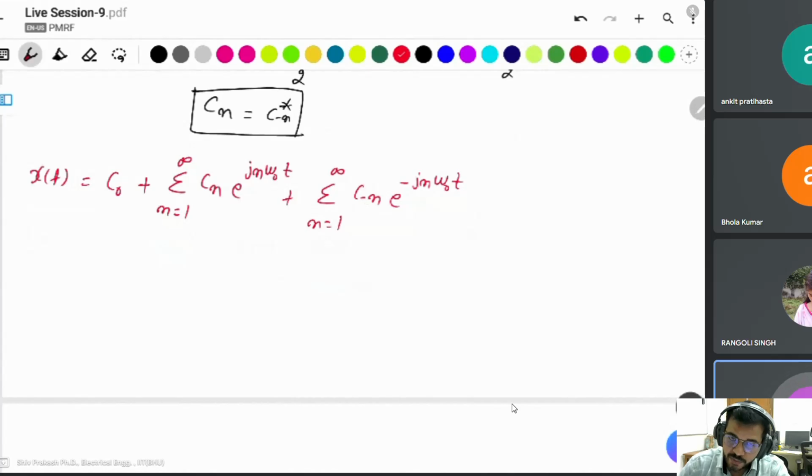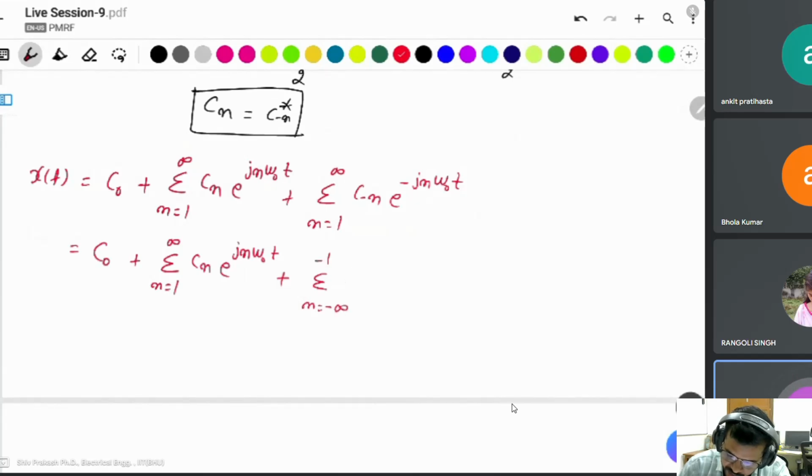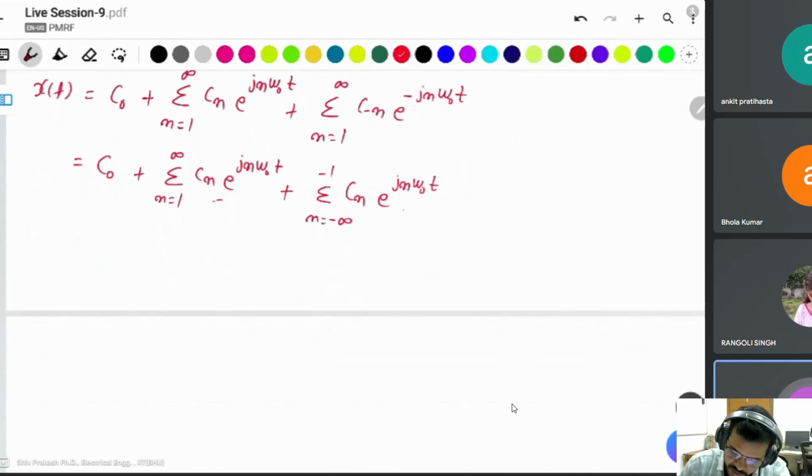You can rearrange the order of this second one as minus infinity to minus 1, and then the exponent will be positive: the summation from minus infinity to minus 1 of cn e^(j n omega naught t), all positive. You can see both are the same form, and c naught is the middle one, n equal to 0.